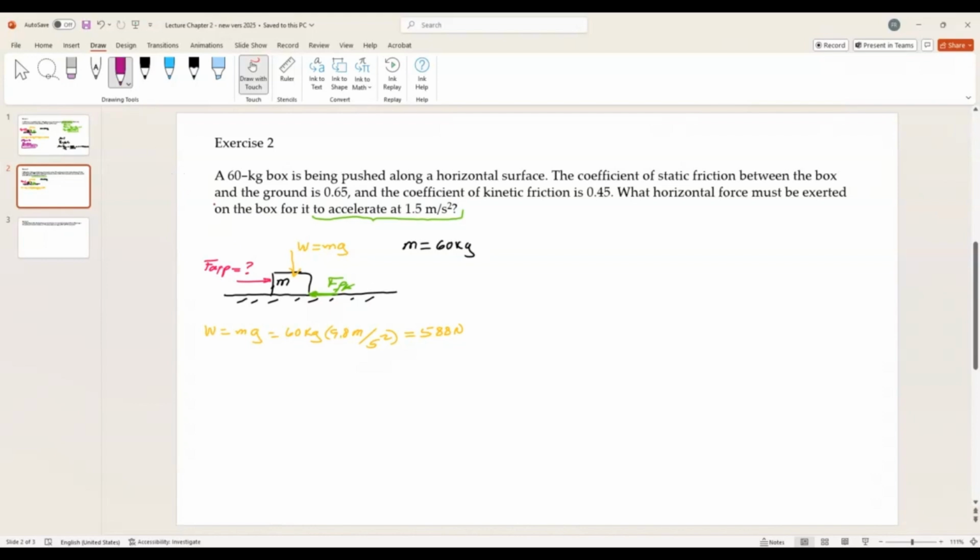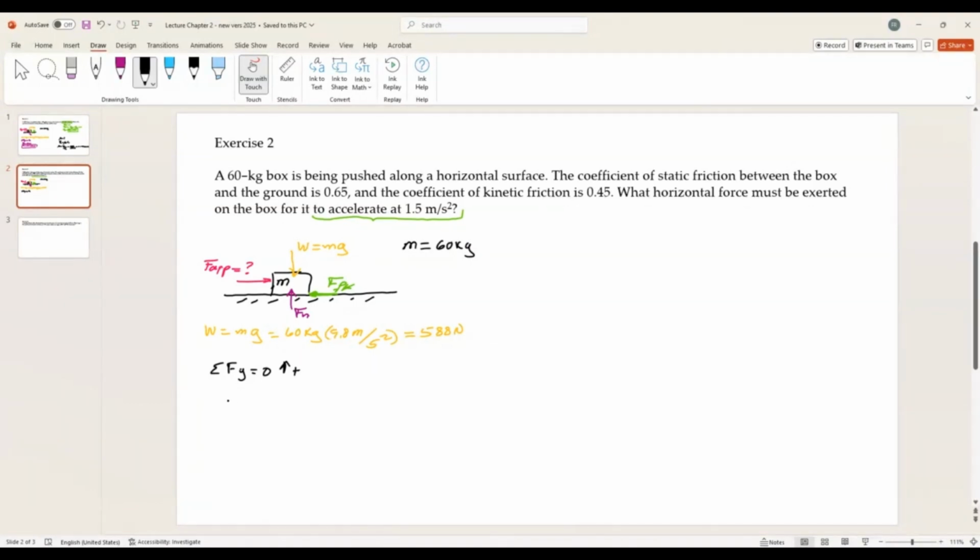We have here also this normal force pointing upward, a supportive force. It is the force that the ground exerts on the block, on the mass. And by making a sum of forces in y, we know that there is no motion in y, so the sum of forces in y will be 0.